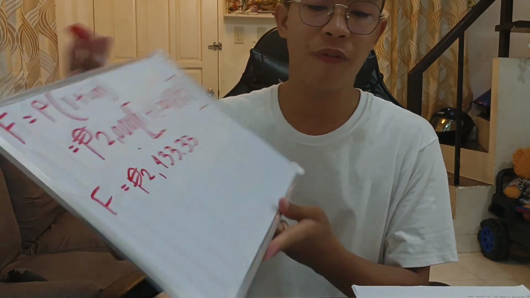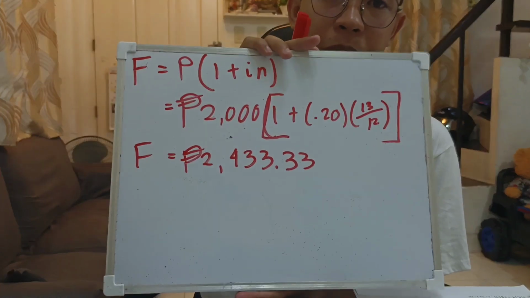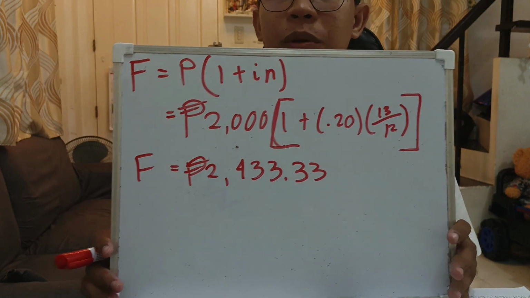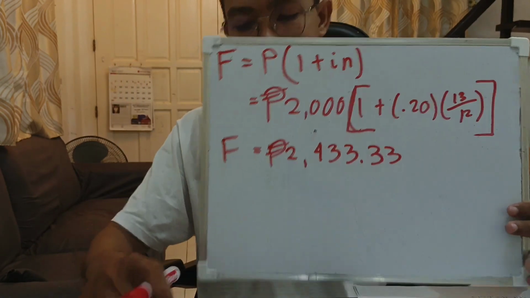We will be using the future amount formula since we are required to get the future amount. The formula is F equals P times the quantity 1 plus i times n, where i is the interest rate and n is the number of interest periods.